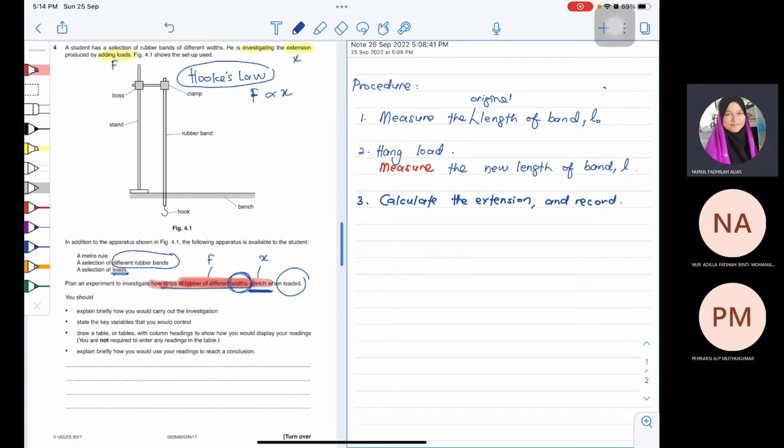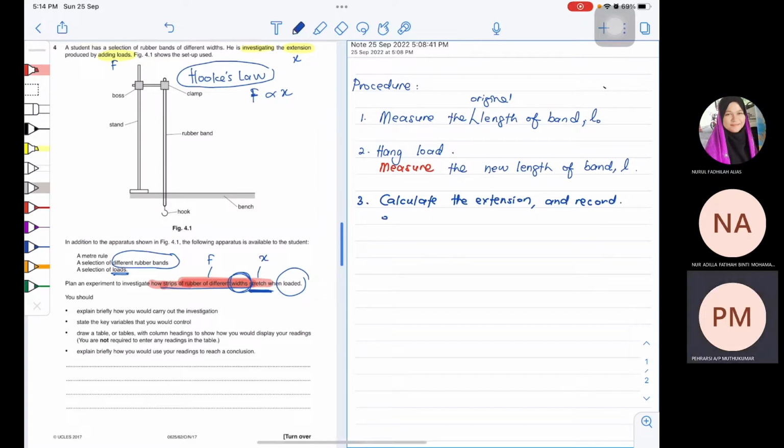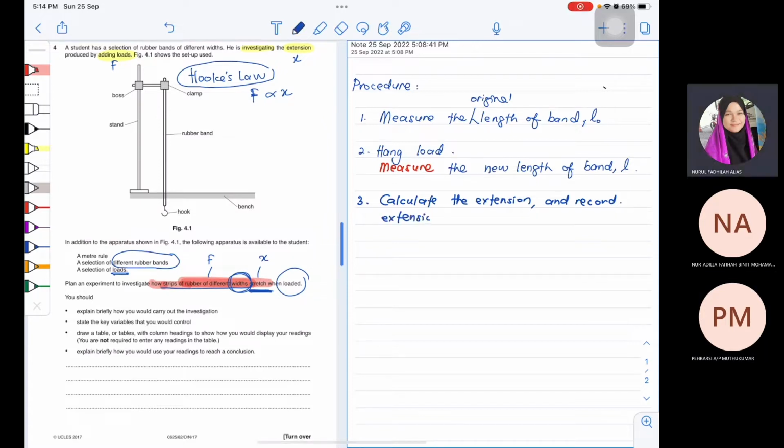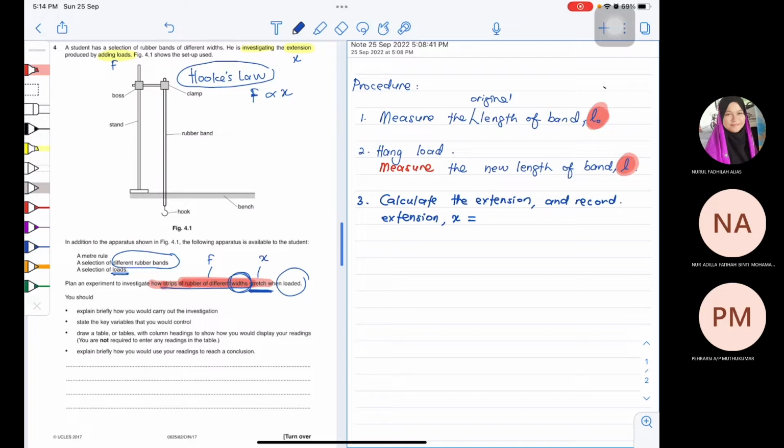Okay, so extension x equals, since I have this, I have written this one, so I can use the symbols. Extension is L minus L naught.